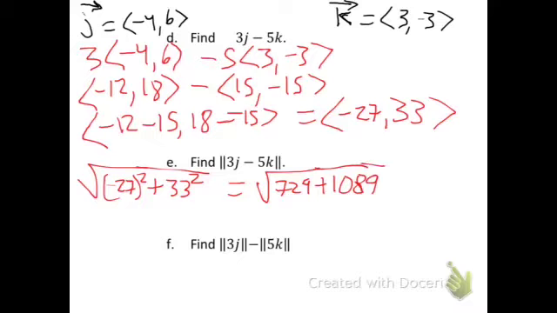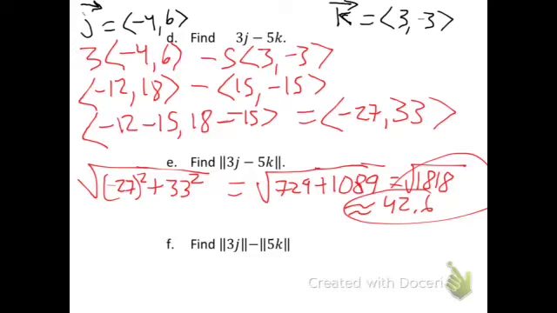And if you add those together, you're looking at the square root of 1818. And if you do that, you're looking at approximately 42.6. So I'm going to circle that as our answer.